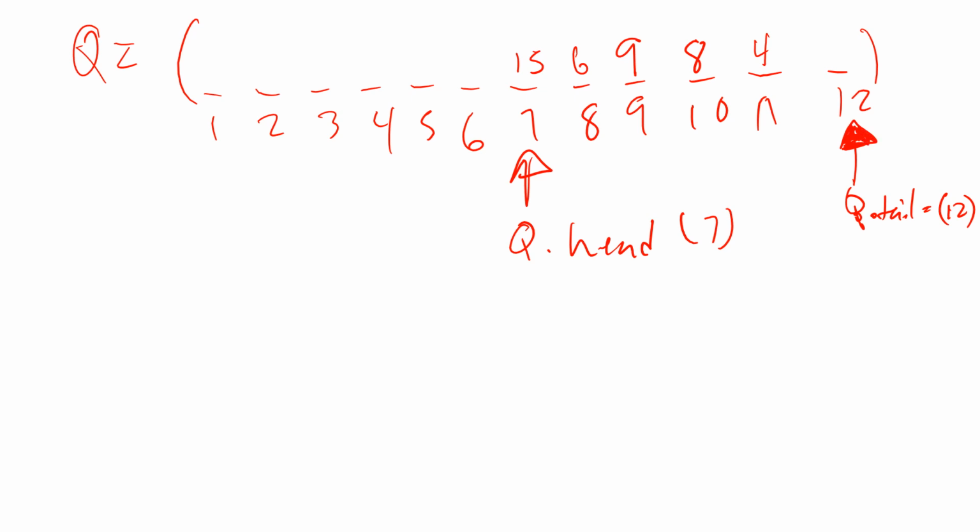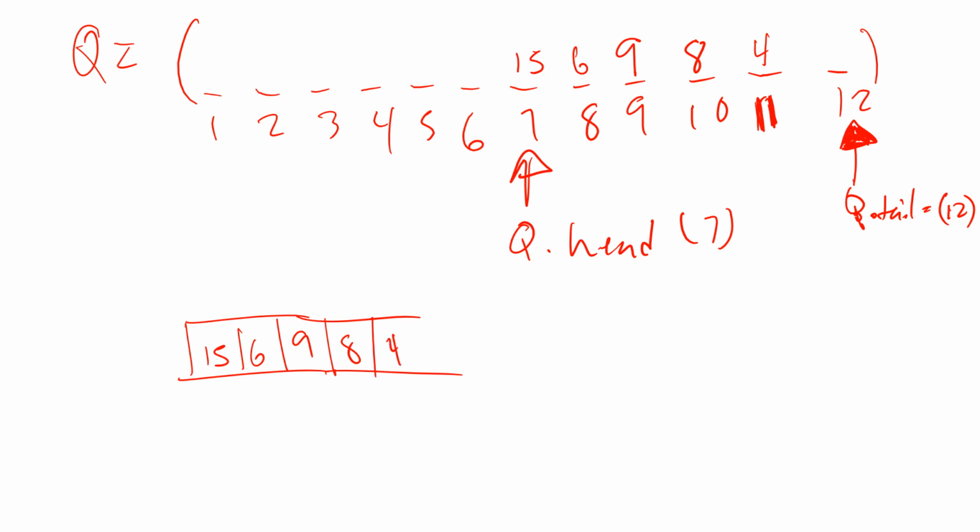Okay? So, the way this works then is, so again, this is sort of partially filled, so it looks like this if we draw the picture. 15, 6, 9, 8, and 4. And so this is the head.